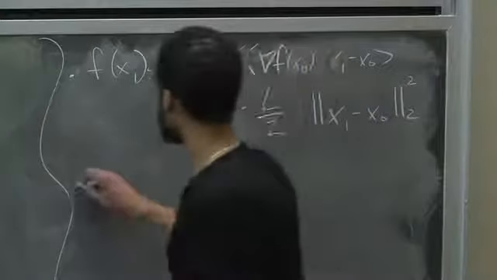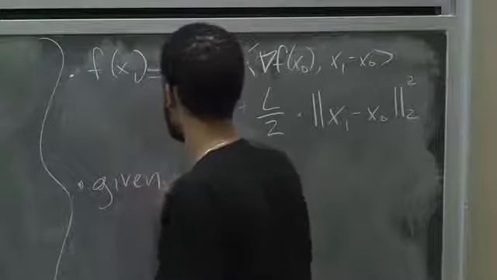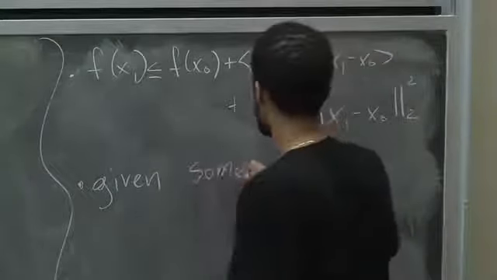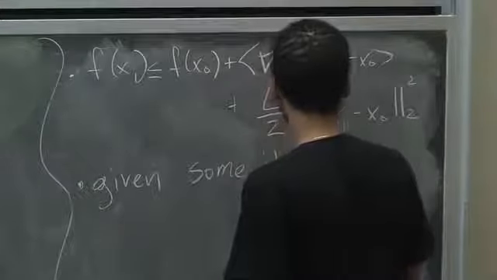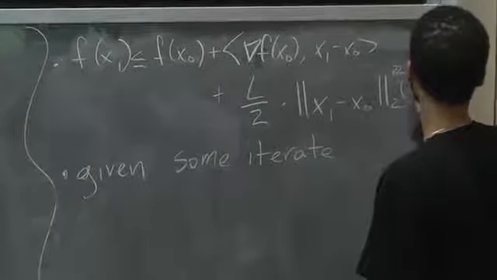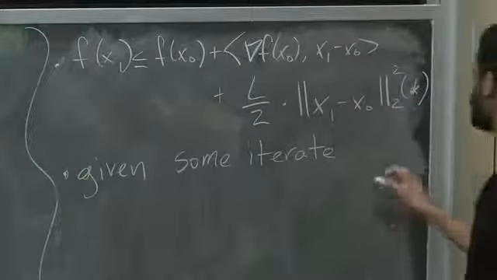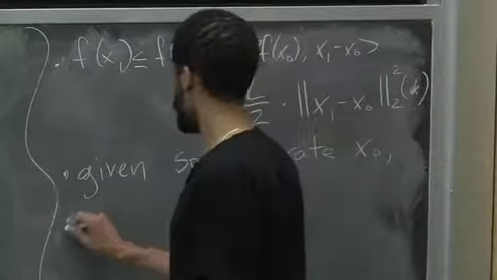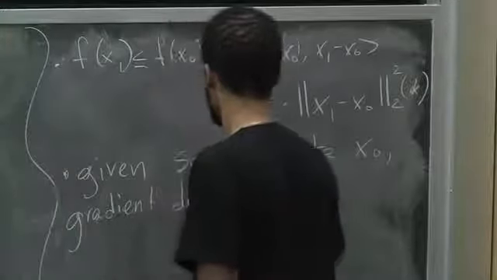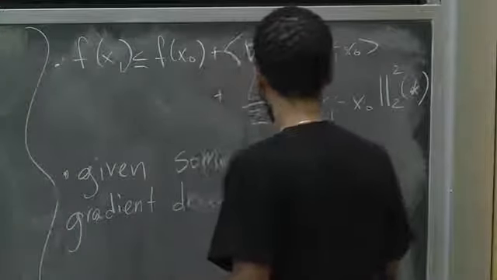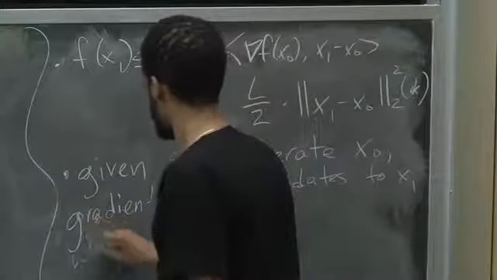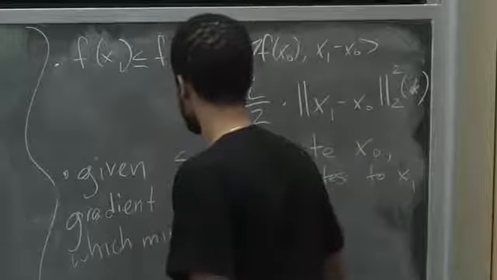So now let me tell you what gradient descent does. What's the update rule? Given some iterate, let me call this inequality star. Given some iterate x0, gradient descent updates to x1, which minimizes the upper bound.